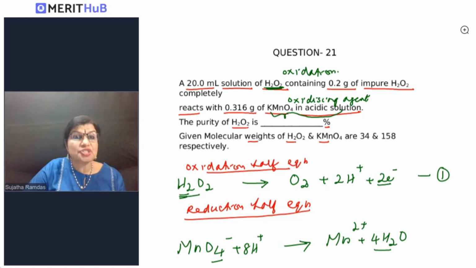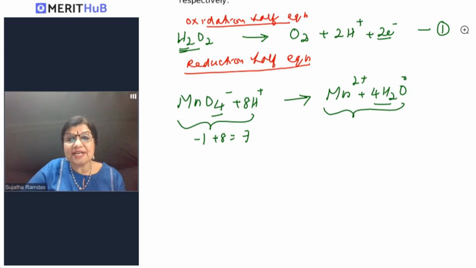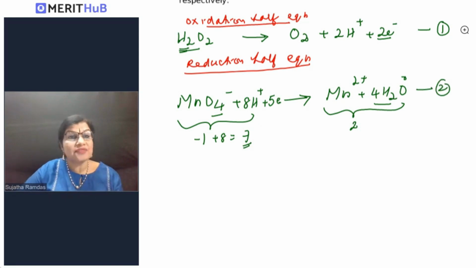To balance the charges, what is the net charge on the left hand side? -1 plus 8, 7. On the right hand side, the net charge is 2. So the difference in charge is 5. So we have to add 5 electrons to the side with higher positive charge. So this is equation 2, which is the reduction half equation.